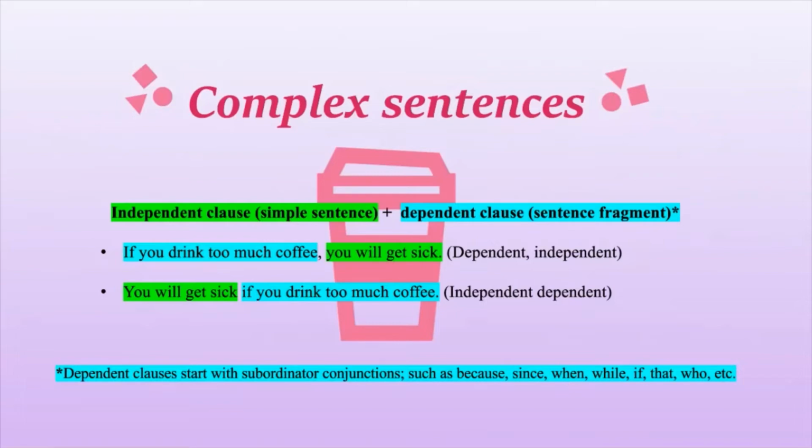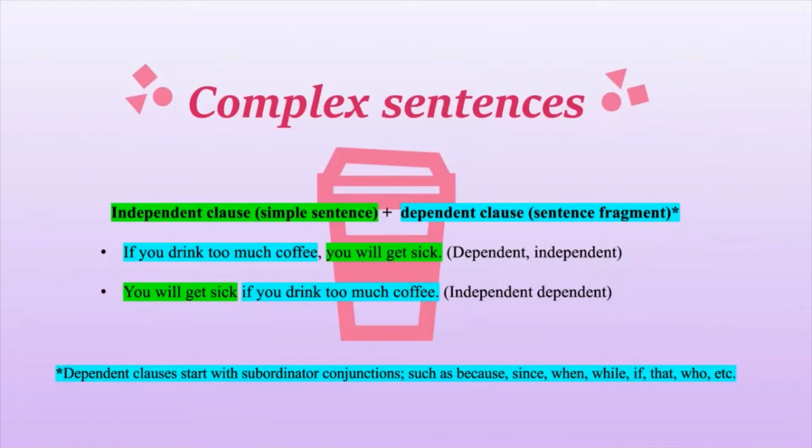For example, "if you drink too much coffee" is a dependent clause because it doesn't make sense until we add an independent clause like "you will get sick." Thus, how should we link these clauses? Well, everything relies on the order in which the dependent and independent clauses appear.